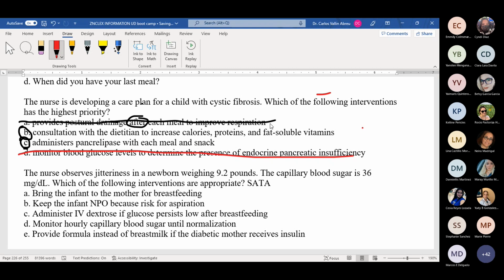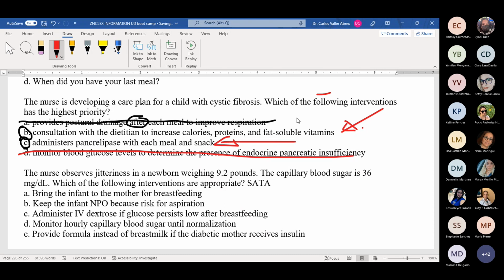So you need to decide what is more important, because it's a question of prioritization between two correct interventions. What is the highest priority? To increase nutrients, or to provide the way of digesting those nutrients, which is the problem in exocrine pancreatic insufficiency.